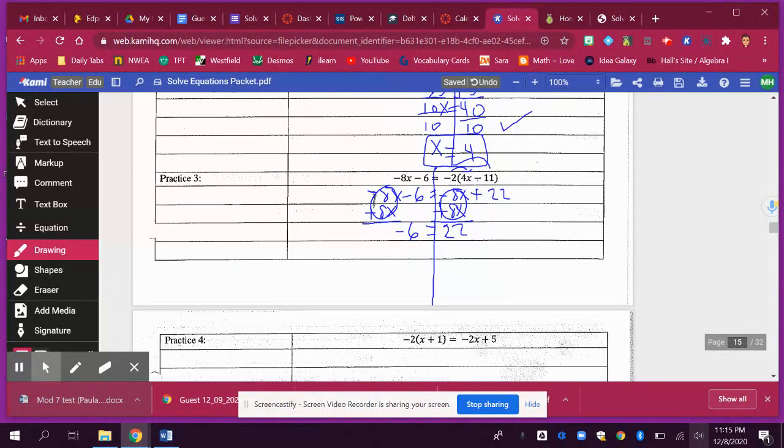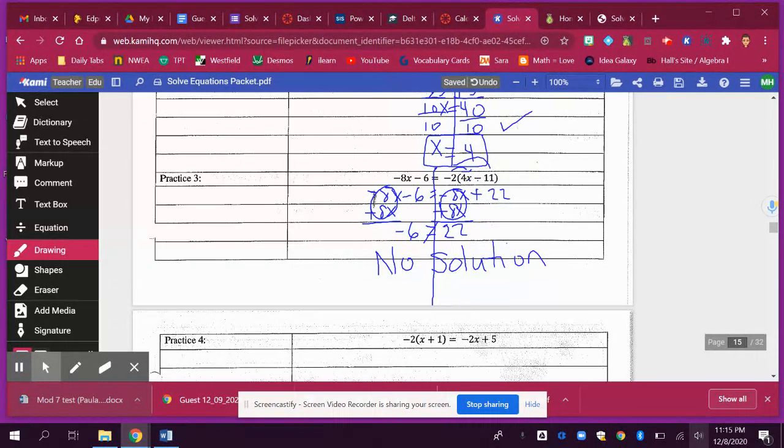Now look at this. I have negative 6 equals 22. Is that true? Negative 6 will never equal 22. So this is what we call no solution. And no solution means that there is not a single number that I can substitute in this equation for x and it will work.